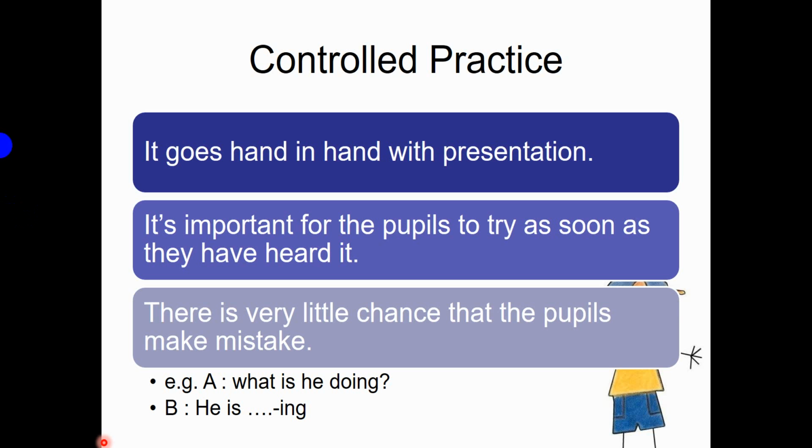The first one is controlled practice. Controlled practice goes hand in hand with the presentation. Remember, in teaching speaking, you must have a presentation. It's impossible for the teacher to come to the class only asking the children to do exercises. No, the teacher must present something.